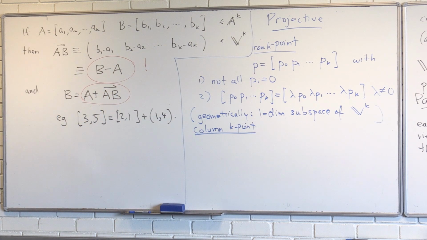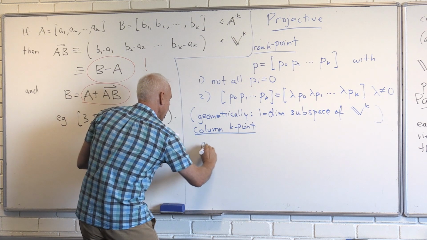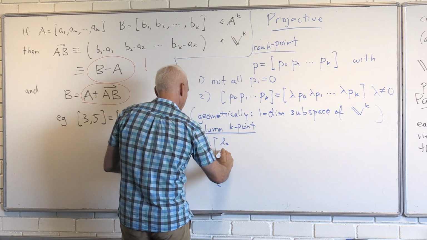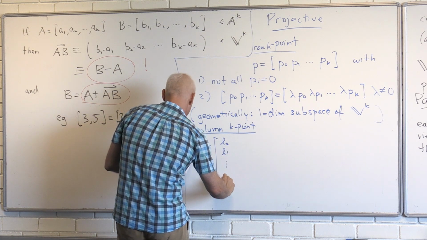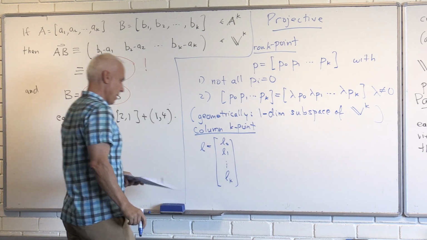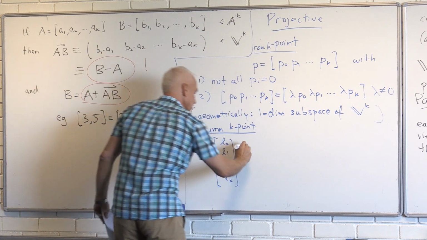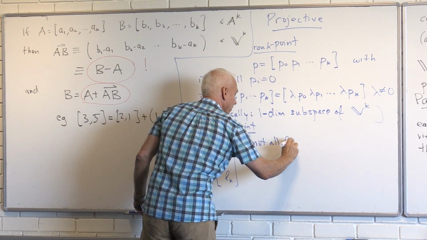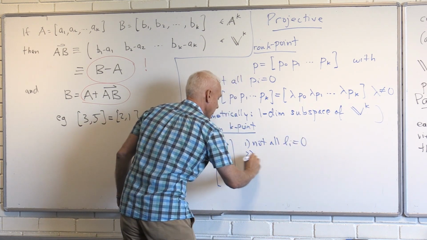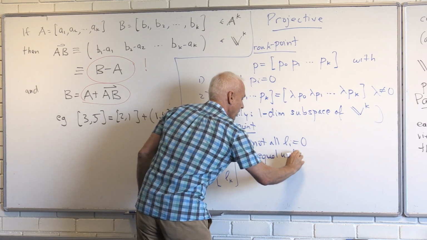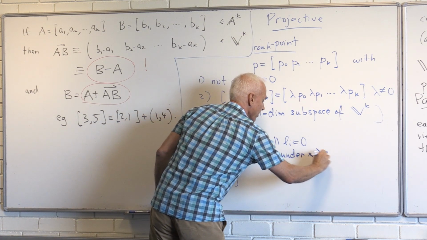Notation will be L. So there we have L equals [L0, L1, up to Lk], subject to the same conditions: not all Li are 0, and equal under multiplication by lambda not equal to 0.